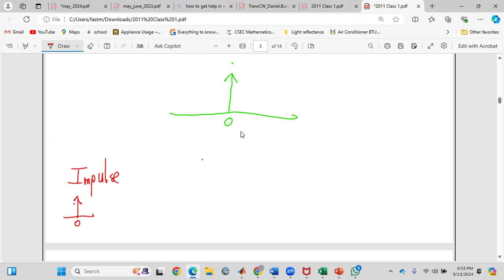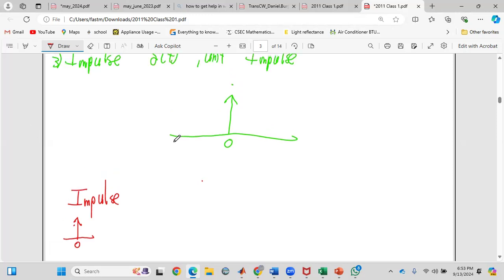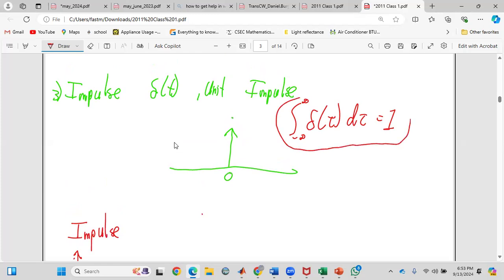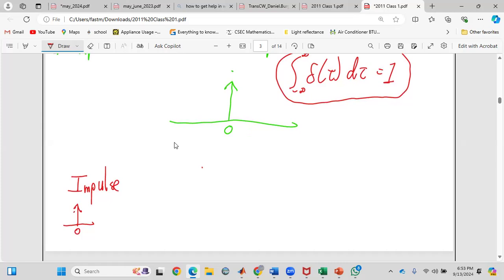The cool thing about our impulse is the area, or if you integrate our impulse, the integral of delta of tau with respect to tau, is always 1. That is always true. So the integral of our impulse is 1. And 1 is a unit step, because it would just be a flat line. So that's something cool to remember.